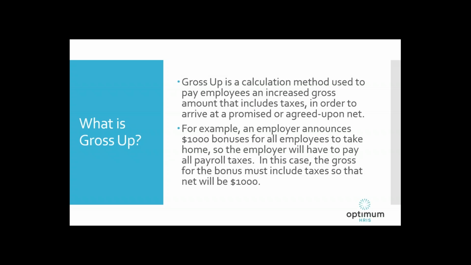In our $1,000 bonus case, the employer will have to pay all of the employee's taxes in addition to the regular employer paid taxes. So the gross for the bonuses will have to include all tax amounts in order for everyone's net bonus to be $1,000.